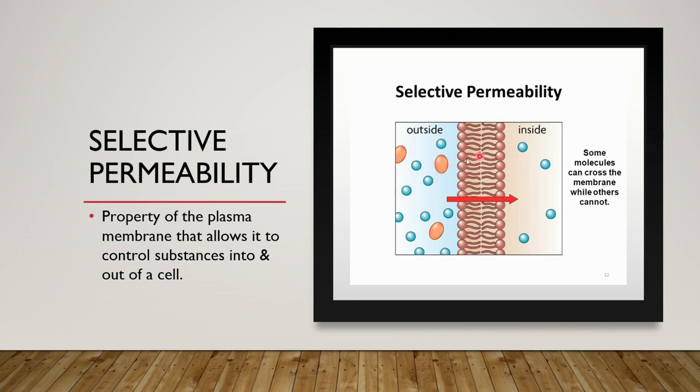They cannot fit through the cell membrane due to their size and maybe their charge. As we continue further, we'll see that there are, in fact, embedded proteins called channel proteins as well as carrier proteins that will help these larger molecules pass through. So just know that the membrane is selectively permeable. It only allows certain molecules through and others cannot pass.